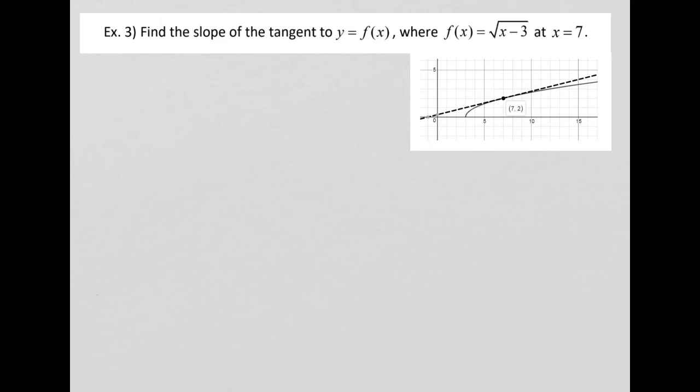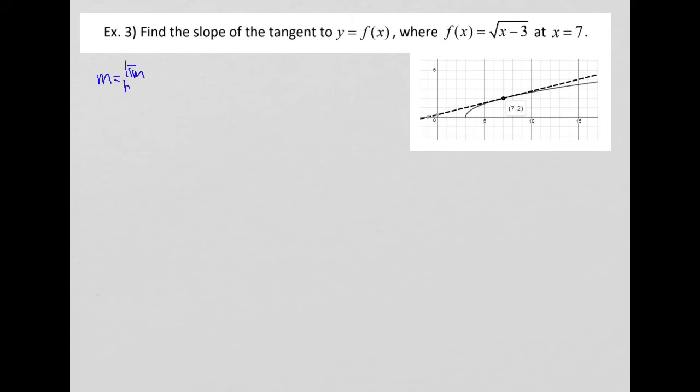Example 3, the function given is a radical function now. So when we use the first principle, you're going to have a radical function in there. So how do we simplify it? We're going to use rationalization, which means we have to multiply by its conjugate. The first thing to do, again, will be writing down the first principle.